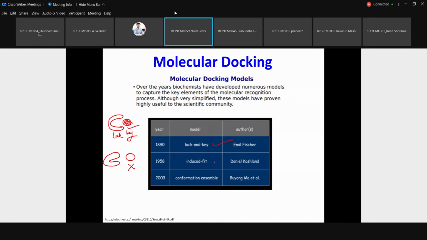Very good. So this is the purpose of your second theory: initially you might feel that the two things do not have any shape complementarity, but this is the usefulness of this theory, the induced fit. The two structures can mutually adapt to each other, meaning the structure of the receptor can change and the structure of the ligand can also change, and they can fit with each other.